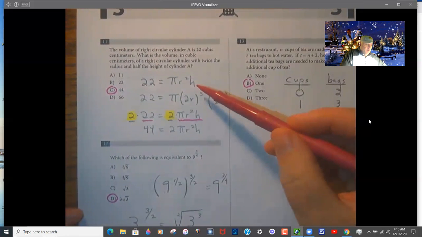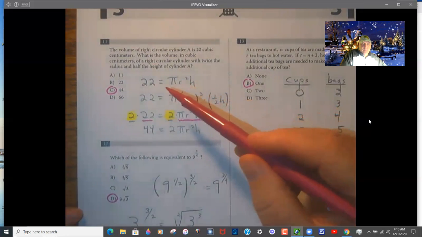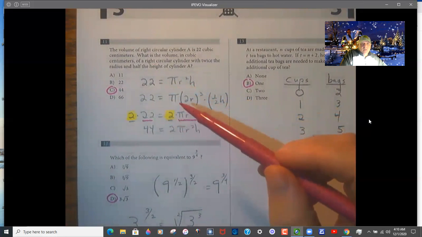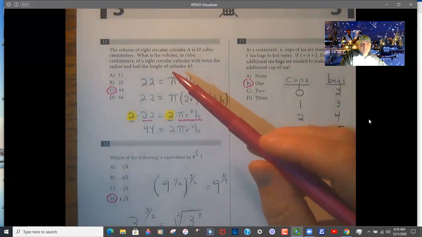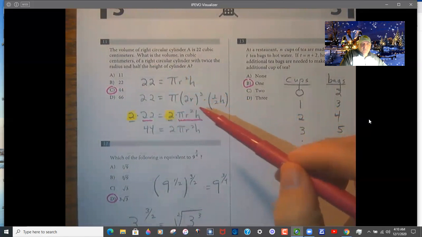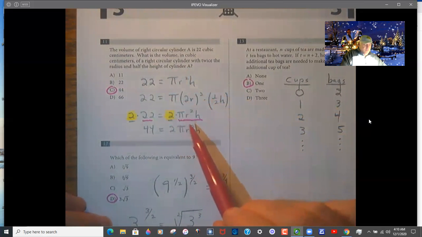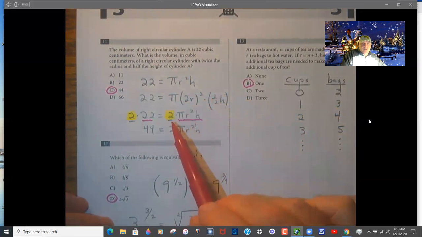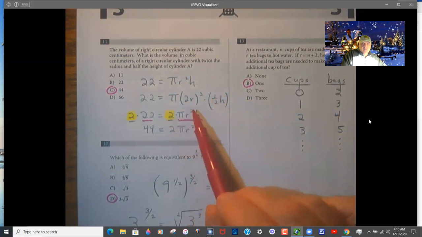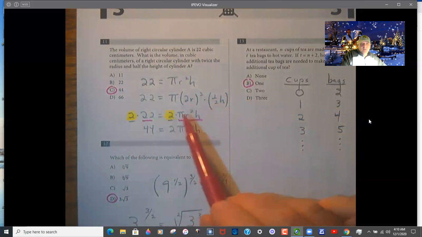Okay, so here's the formula for a right circular cylinder, and they're saying that we have 22, and then we are doubling the radius and halving the height. So if you substitute those in, what that does is it ultimately produces a 2 out here. So you square the 2, that's 4, but that gets multiplied by 1/2.